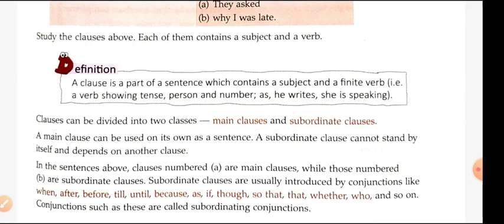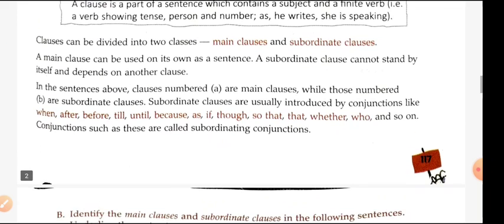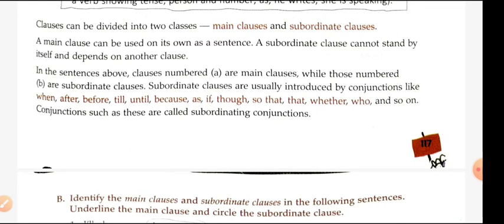Clauses can be divided into two classes: main clauses and subordinate clauses. A main clause can be used on its own as a sentence. A subordinate clause cannot stand by itself and depends on another clause. In the sentences above, clauses numbered A are main clauses, while those numbered B are subordinate clauses.